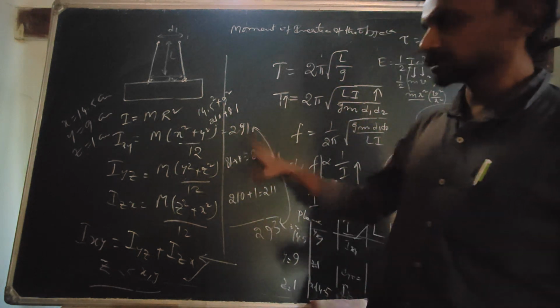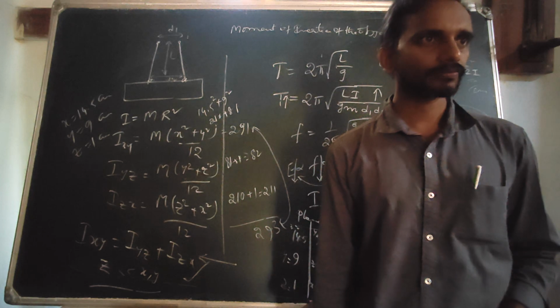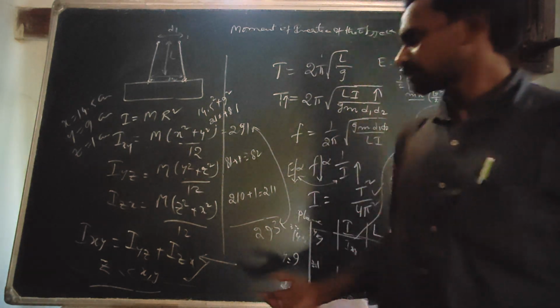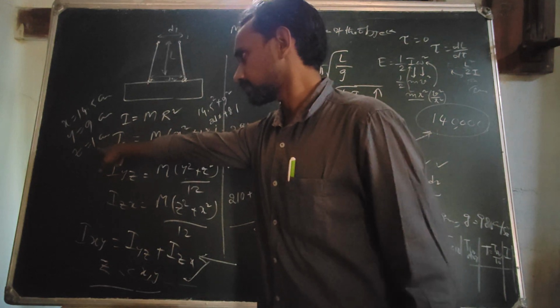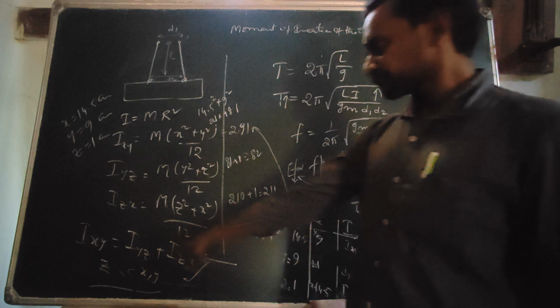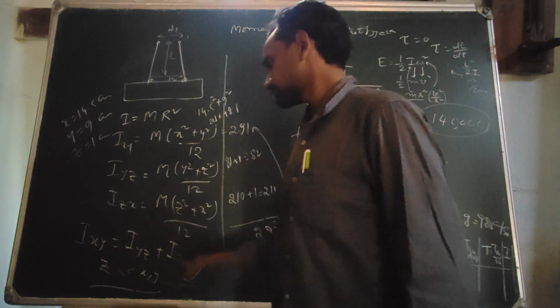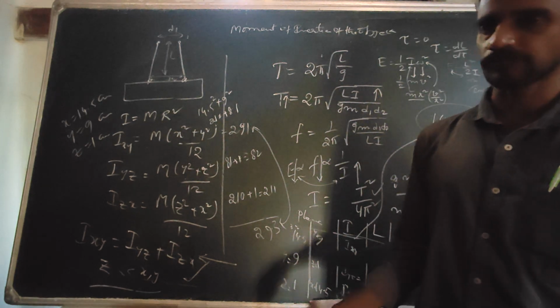The moment of inertia is different in different directions for the same object of the same mass. That is what we are confirming from this equation. If you consider one side a very thin slab, then you can confirm this equation, Ixy is equal to Iyz plus Izx. So this is the ultimate confirmation for moment of inertia.